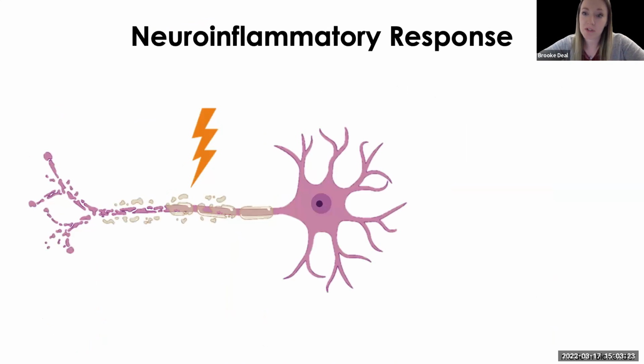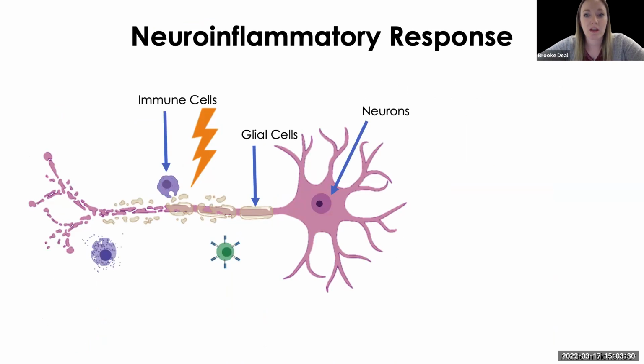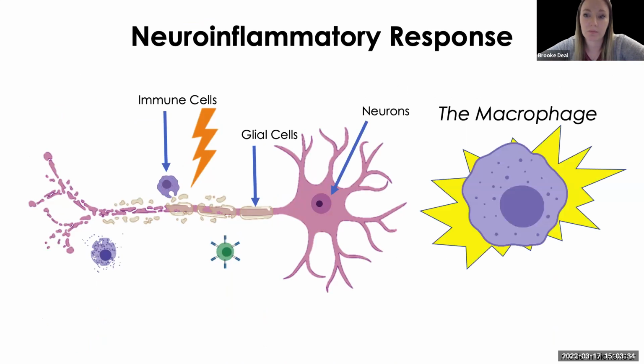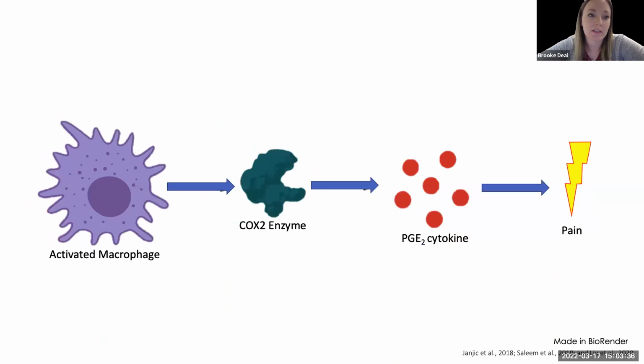During a neuroinflammatory response, there's some crosstalk occurring between neuronal cells, glial cells, and immune cells. And a major focus on the immunological side has been on the macrophage. And this is because the macrophage produces these inflammatory cytokines, or PG2 cytokines, which sensitize neurons and cause neuroinflammatory pain.